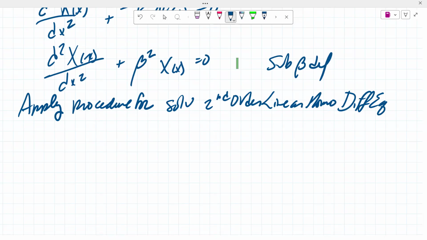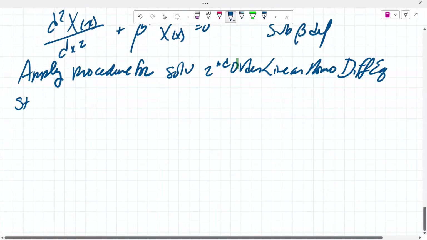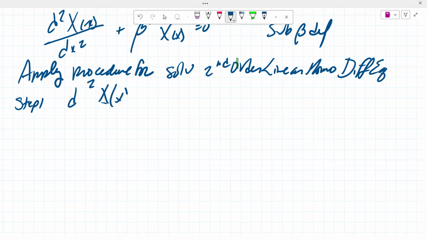So what's step 1? Okay, you write out the equation d squared X of x over dx squared plus beta squared X of x equals 0.